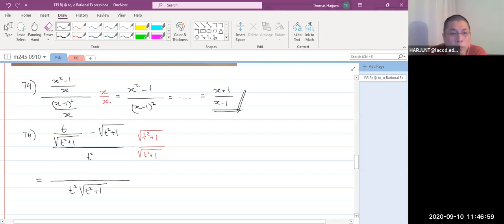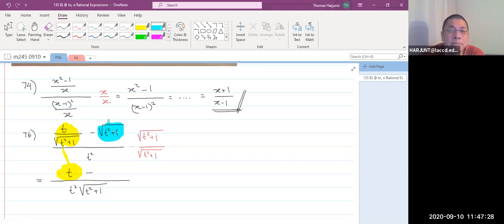Now what happened to the top left? What will this be here when you multiply by square root of t squared plus 1? That will be simply t, that's right. Okay, minus. And what will this be if you multiply by t squared plus 1? Square root of t squared plus 1. That will be t squared plus 1.